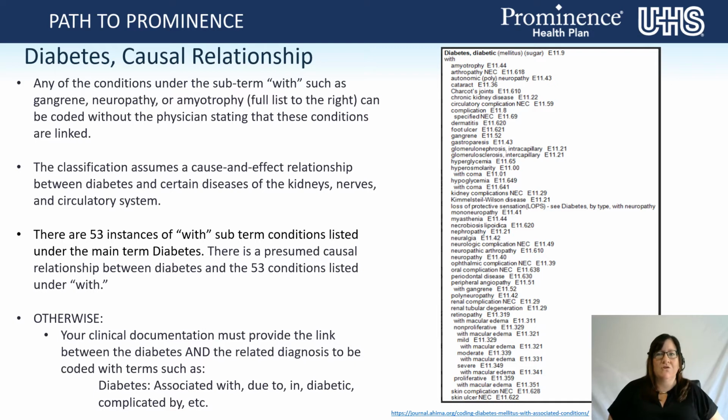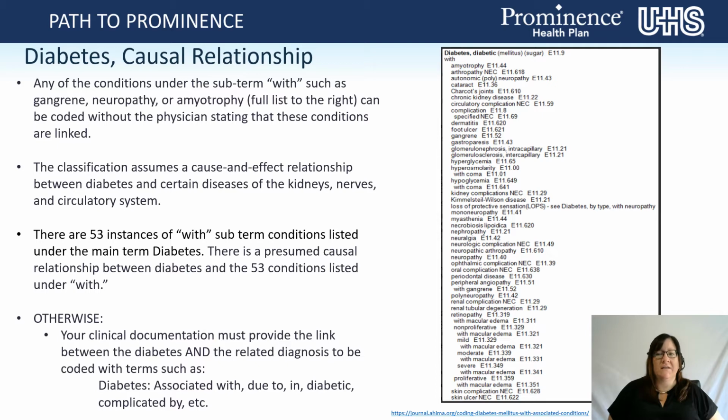The classification assumes a cause and effect relationship between the diabetes and certain diseases of the kidneys, nerves, and circulatory system. There are 53 instances of with subterm conditions listed under the main term diabetes. There is a presumed causal relationship between the diabetes and those 53 conditions listed.